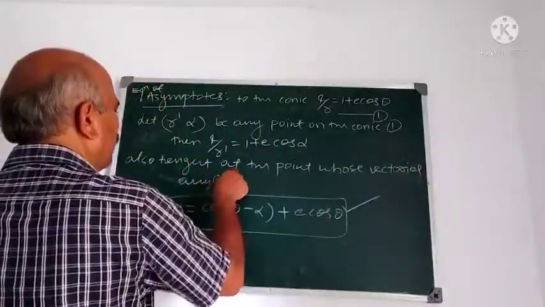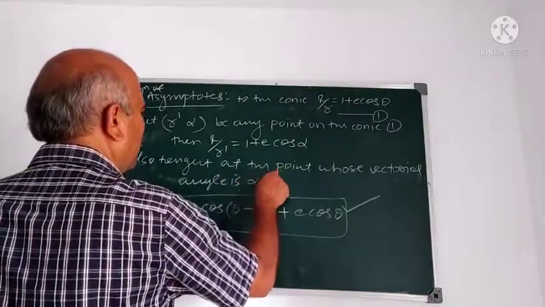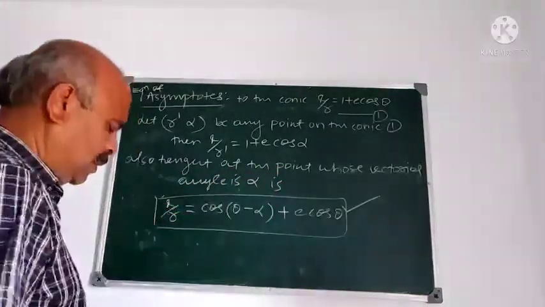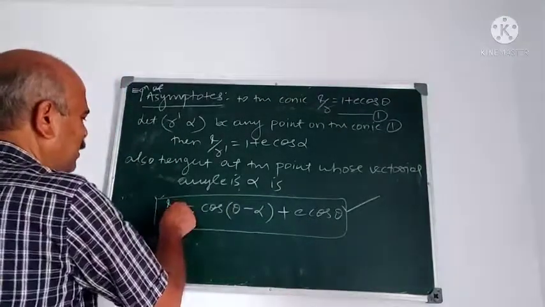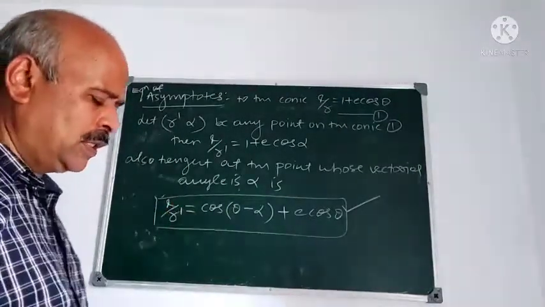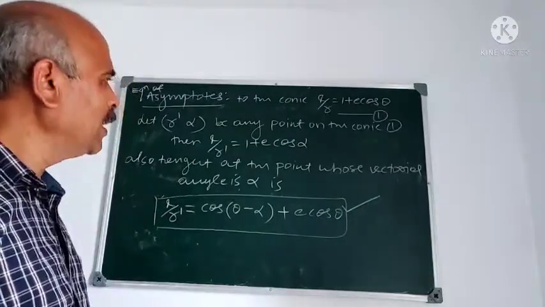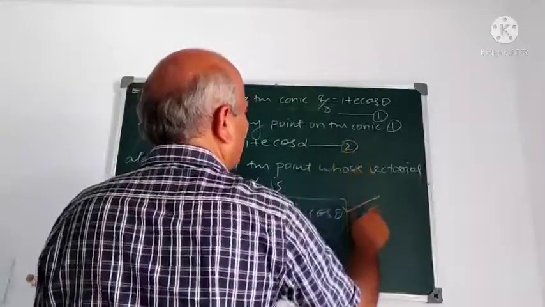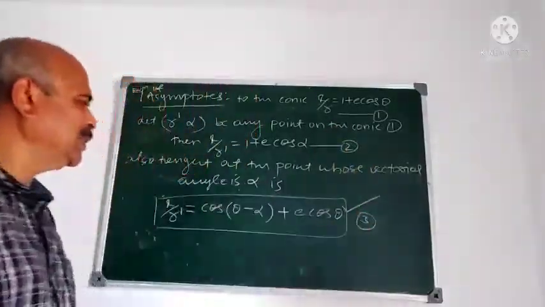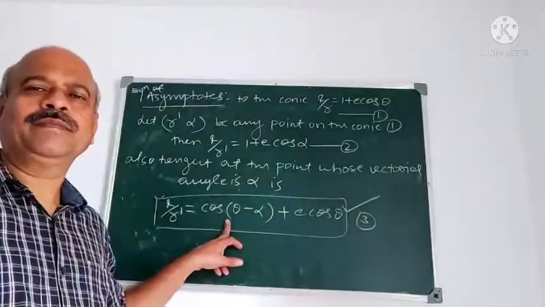L by R dash is cos theta minus alpha plus E cos theta. This is 1, this is 2, take this as 3. What is this? Equation of the tangent.